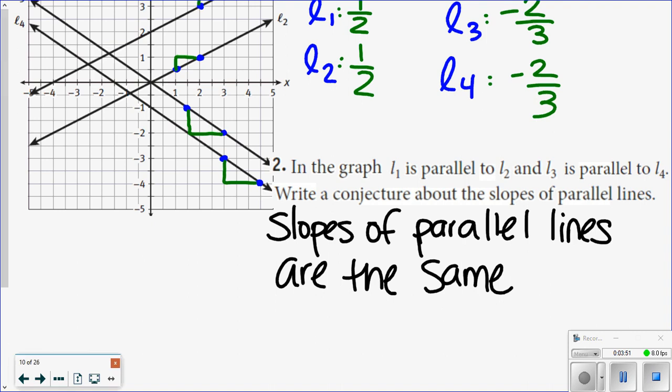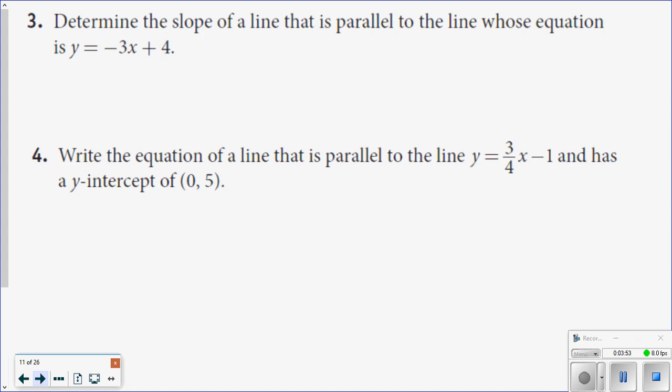Question 3. Determine the slope of a line that is parallel to the line whose equation is y equals negative 3x plus 4. Well, what's the slope given? The slope here is negative 3. So a line parallel to that is also going to be negative 3.